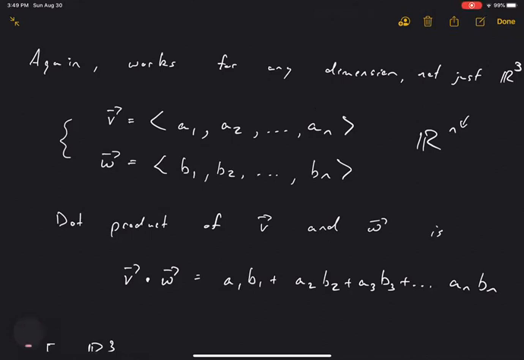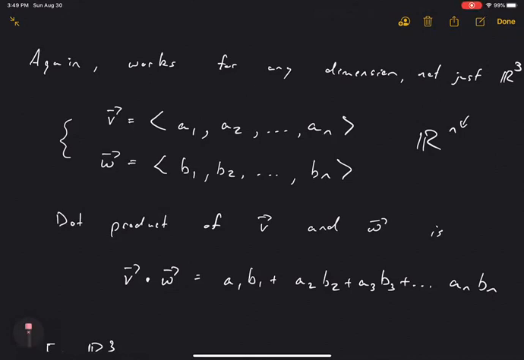This is just like if I have a vector in 3 dimensions, I have the components x, y, and z. Well, if I have n dimensions, instead of trying to write x, y, and z, I usually pick one letter and then have a number that denotes where we're at. So that's what's going on there.